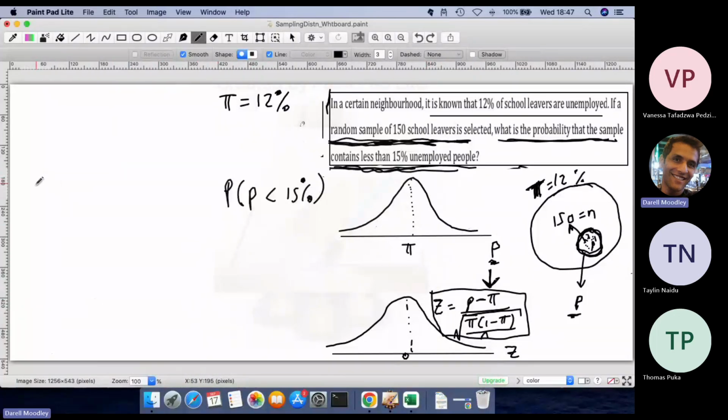Remember, you have 15%, and there's your pi. Pi is the center, and pi is 12%. So 15% is greater than 12%, and that's here, on your right.